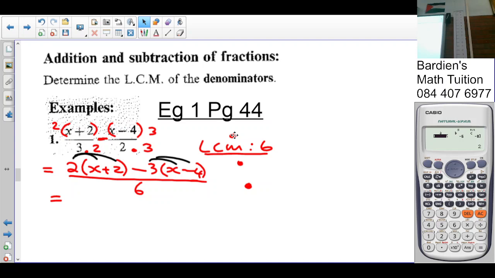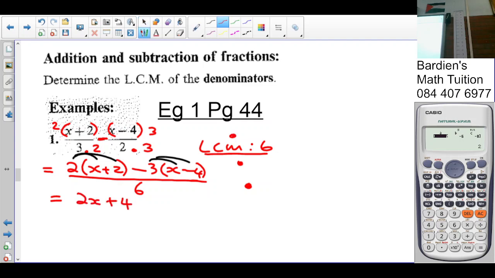Multiply. So let's multiply. What do we get?